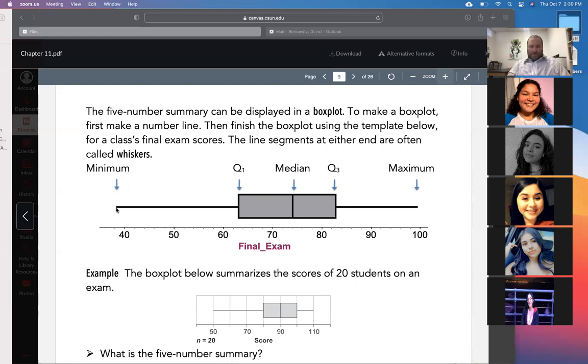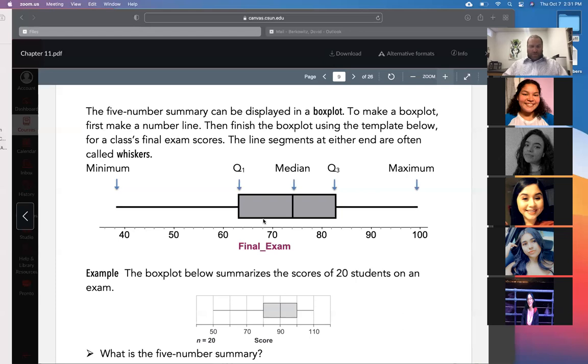You have the minimum and then a line to Q1 and then a line at the median and then a line at Q3 and then a line to the end to the maximum, and you make a little box here, and that's your box plot. It used to be called a box and whisker plot because it looks kind of like the whiskers of a cat if you were really stretched. Yeah, it's a big stretch, but that's what it used to be called.